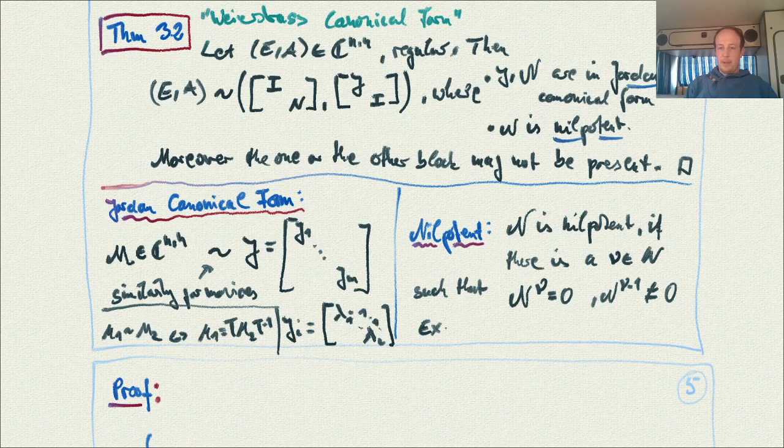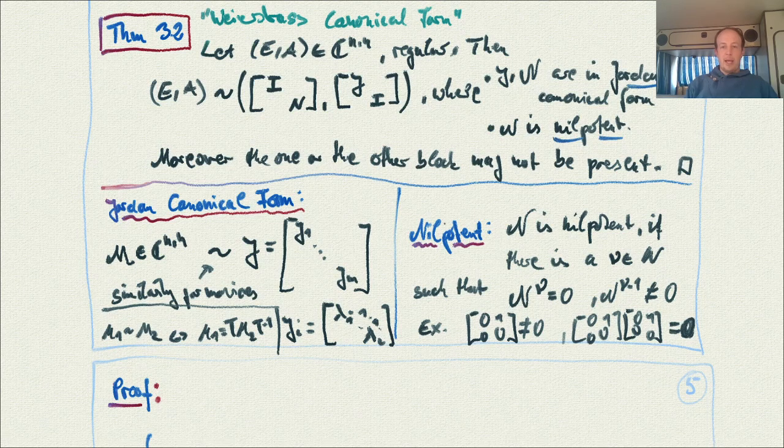An example would be the matrix 0, 0, 1, 0, which is obviously not 0, but if we multiply it by itself, the matrix 0, 0, 1, 0 times 0, 0, 1, 0, then this is the 0 matrix.